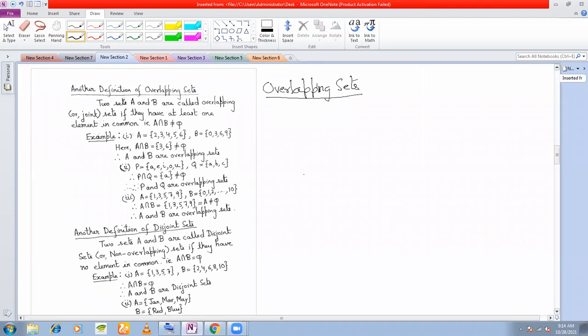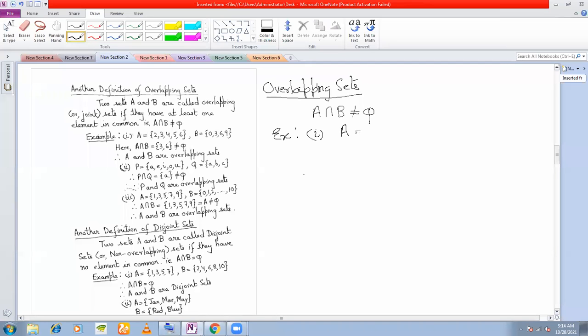Two sets A and B are said to be overlapping if their intersection is not a null set. That is, A intersection B is not equal to a null set. Consider these examples.